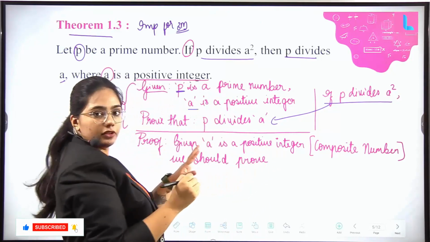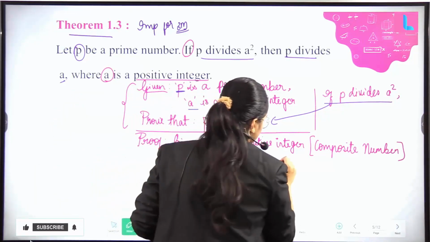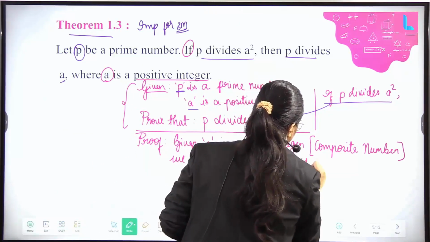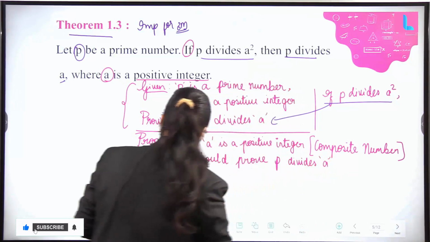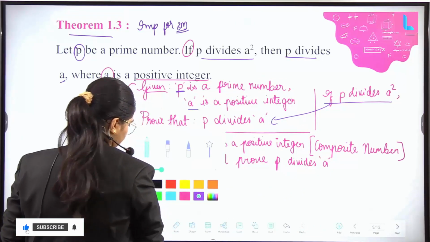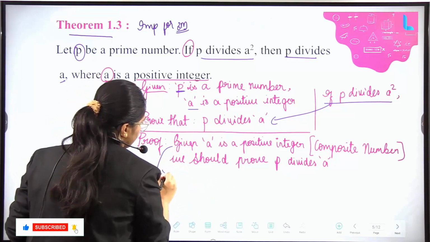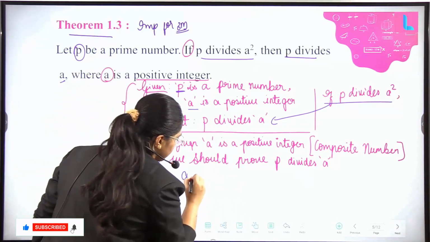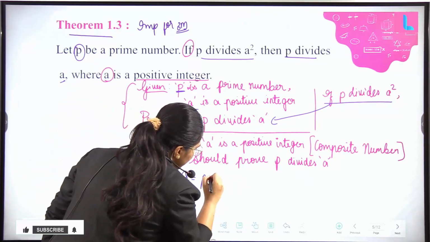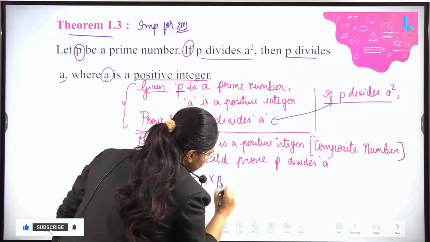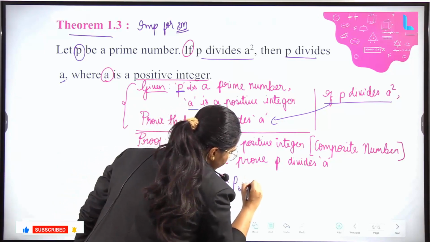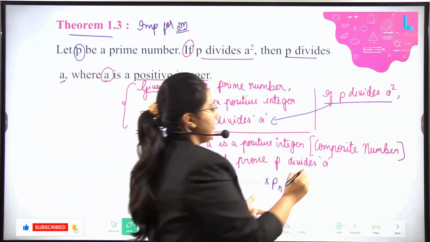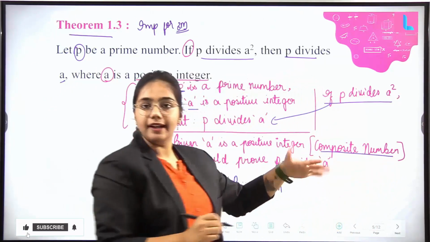I'm writing all the statements so you have to understand. So if A is a composite number, how can we represent A? A can be written as P1 into P2 into P3 into Pn. We don't know what composite number we have actually taken. It can be any number.